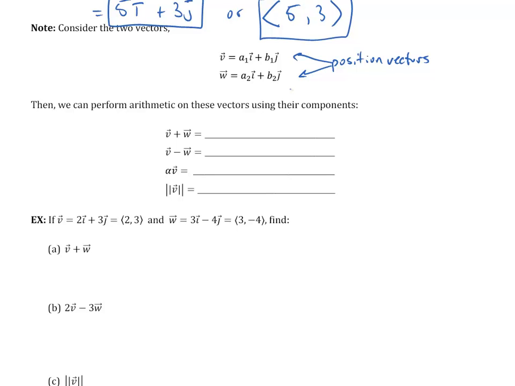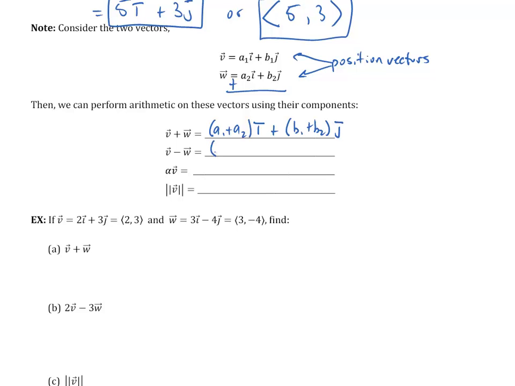To add two vectors together, previously all we did was draw the arrows and add them head to tail. But we can now do it mathematically. To add these two vectors together is to add their components. So if V goes A1 in the x direction and W goes A2 in the x direction, then the sum of those two vectors would be A1 plus A2 in the x direction, and then B1 plus B2 in the y direction.